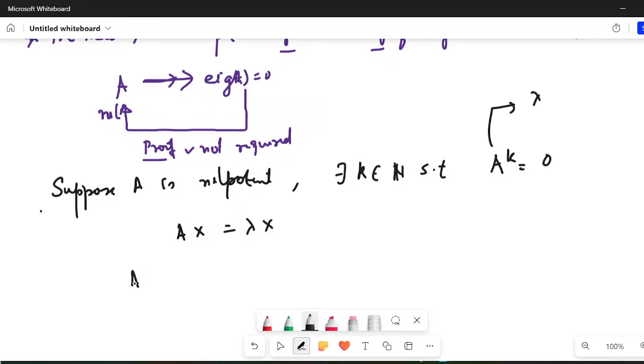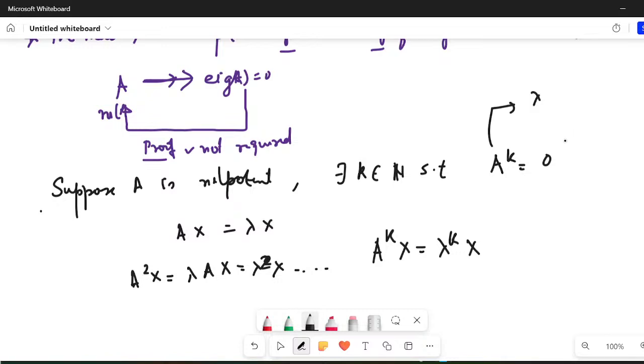Now if I pre-multiply with A, it will give me A squared x equals lambda Ax, which is simply equal to lambda squared x. And if I keep multiplying, I will get A^k x equals lambda^k x. So if I multiply it k times, I get this.